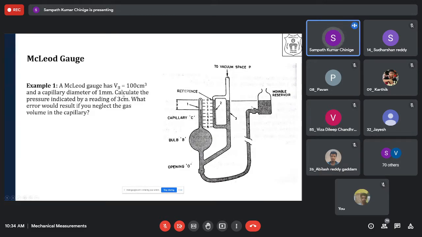What they are asking is to calculate the pressure indicated by a reading of 3 centimeters. So what is the pressure that we get when there is a 3 centimeter variation in the height h? What error would result if you neglect the gas volume in the capillary? Suppose you are not taking the gas volume, that is A into H. So what is the error percentage?